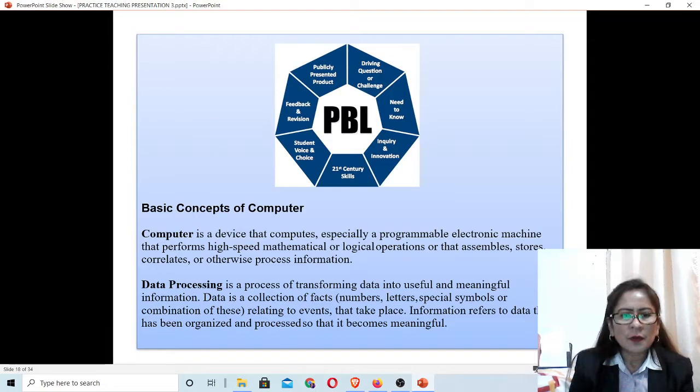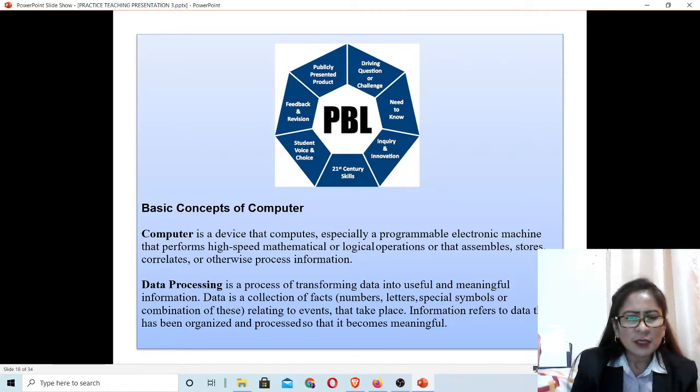Basic concepts of computer. A computer is a device that computes, especially a programmable electronic machine that performs high-speed mathematical or logical operations, or that assembles, stores, correlates, or otherwise processes information.